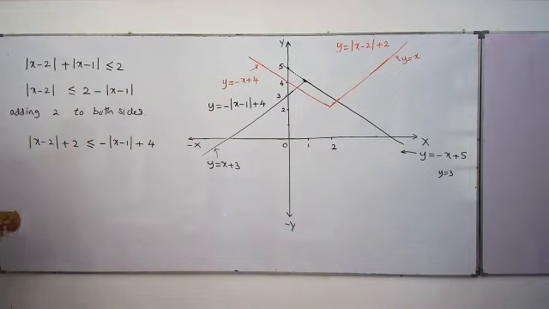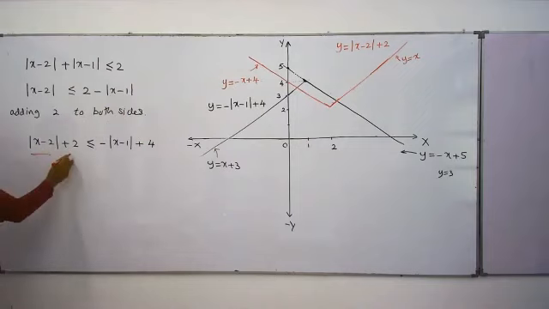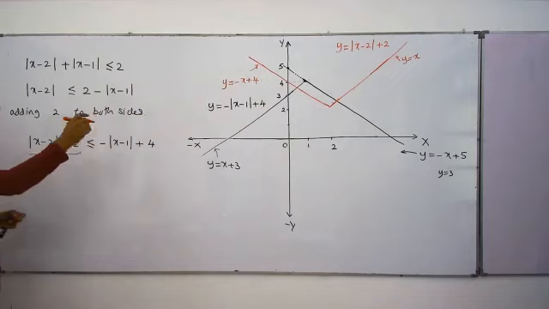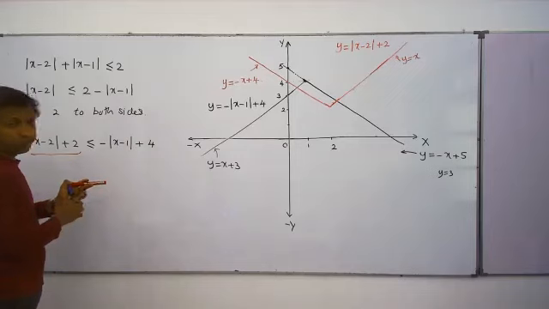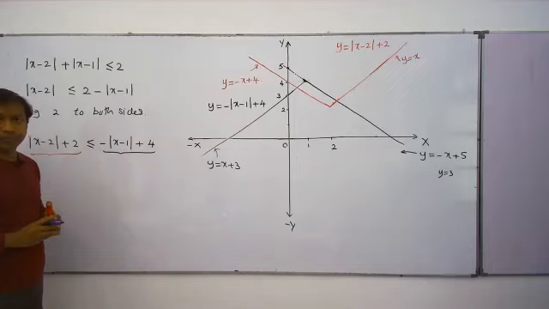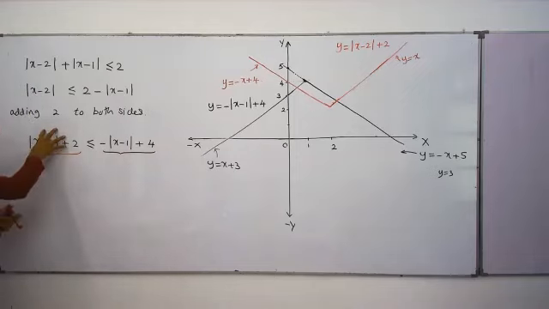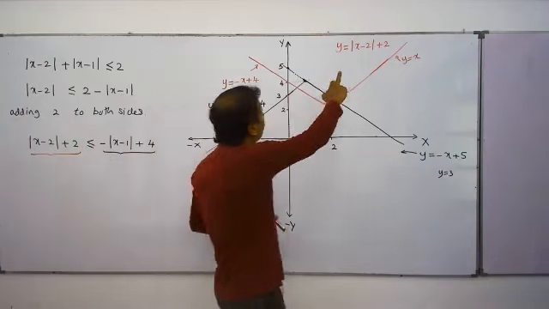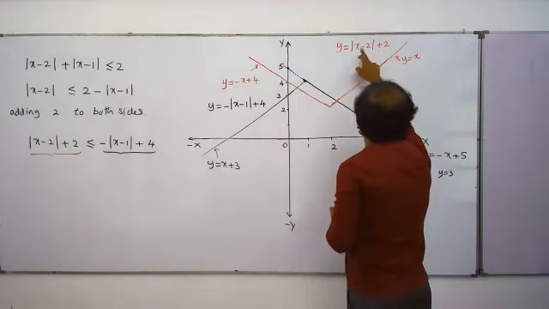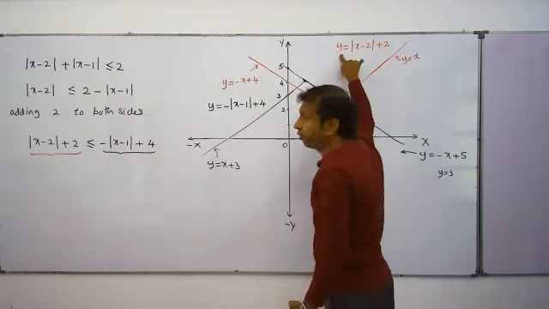People, now this one means over there the red graph. This is the red graph. Over there the red graph. This one, people, the black graph. Furthermore, this part, mod x minus 2 plus 2, is what we are having here, but that is equal to y.